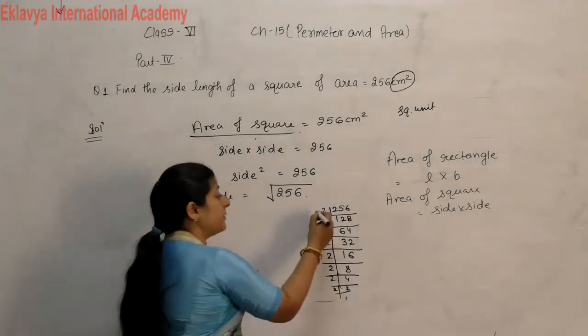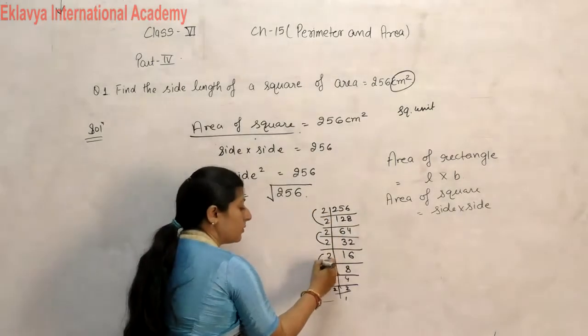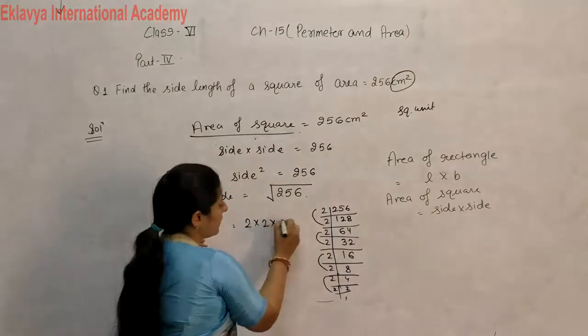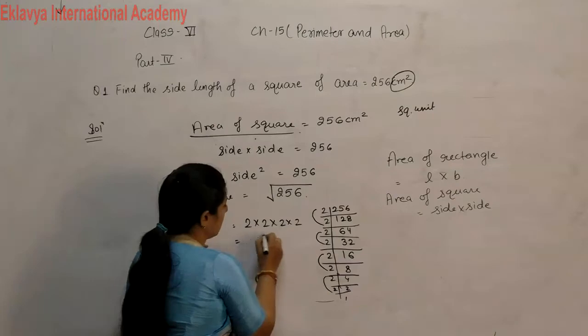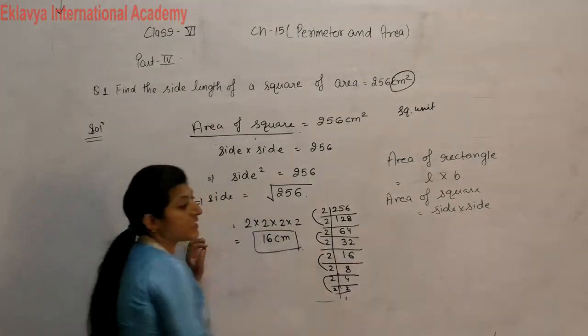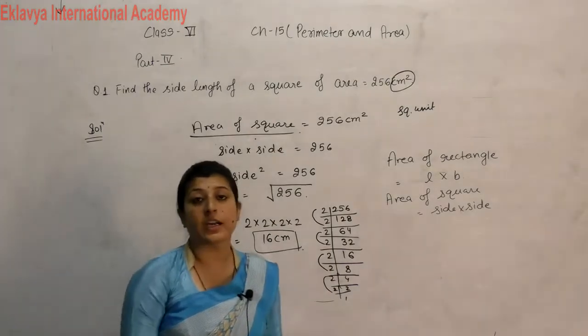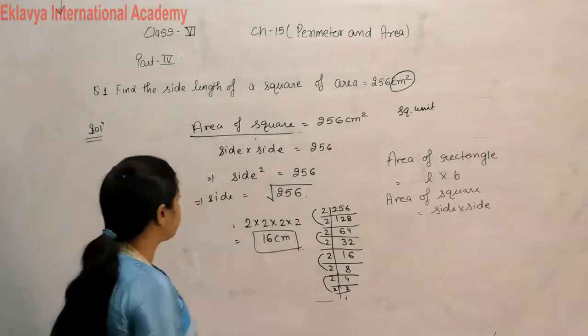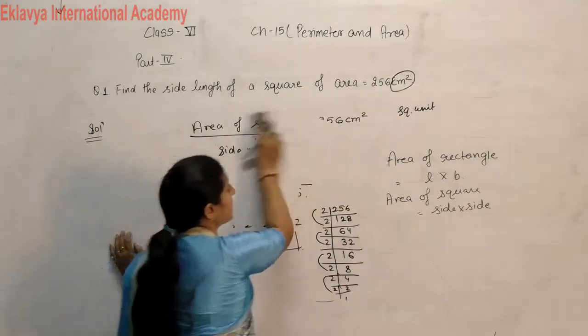Now make the pairs: 1, 2, 3, 4. It means square root of this is 2 into 2 into 2 into 2, that is 16 centimeter. So we can say that side of a square is equal to 16 centimeter. Okay, this is a very easy question.